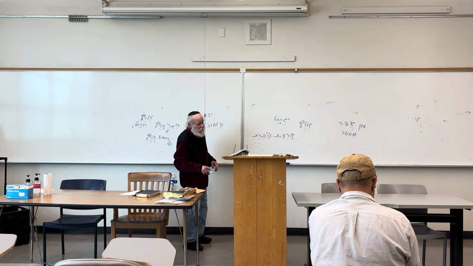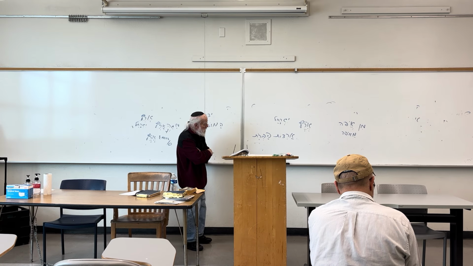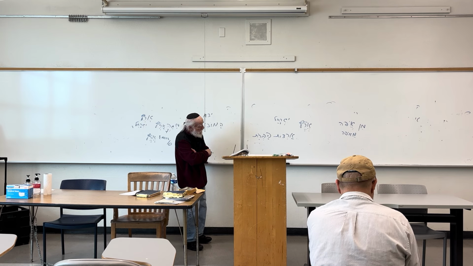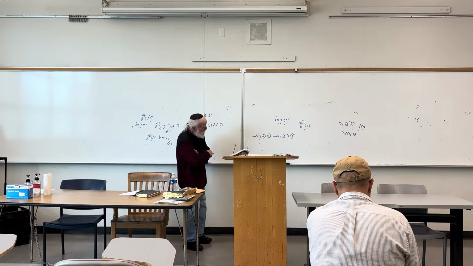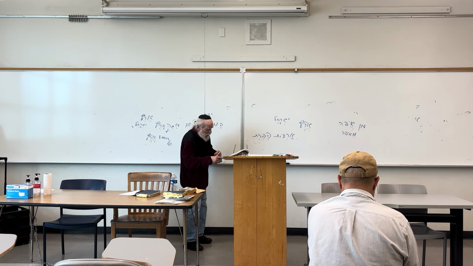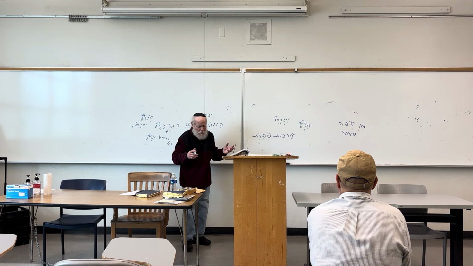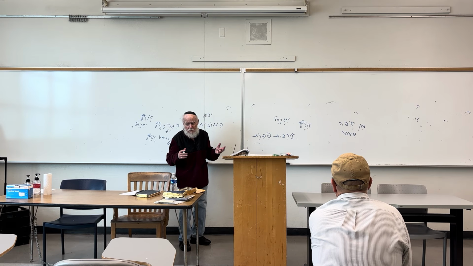And ain't that interesting? That word covenant, that word agreement, understanding, unity. Do you think it's just like that the word Brit Milah, the circumcision rite, is called by that term Brit?